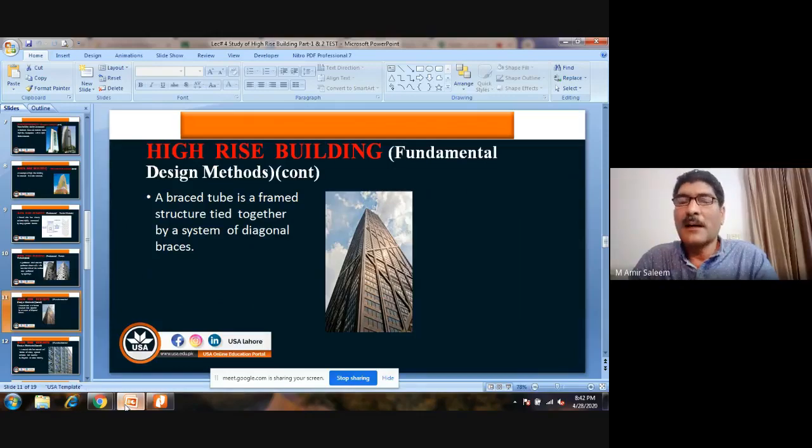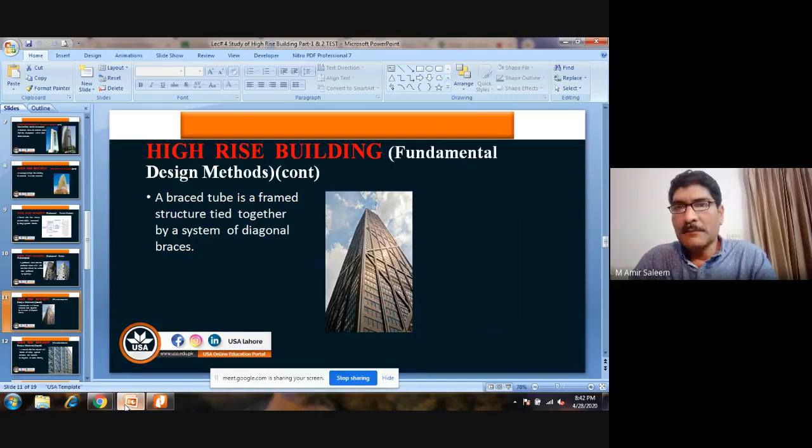In this structure, we make a tube, and all other columns and beams are tied up with the diagonal brace beams or any structural materials. We make this structure in steel, and we make it in concrete. This is a two-way only. So we make a high-rise.